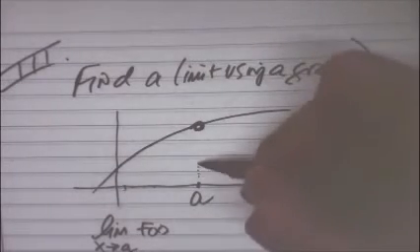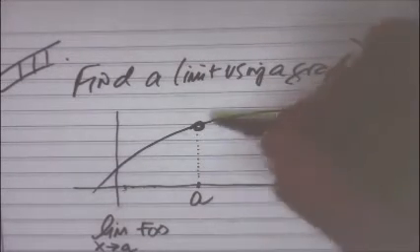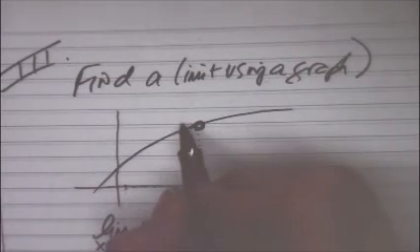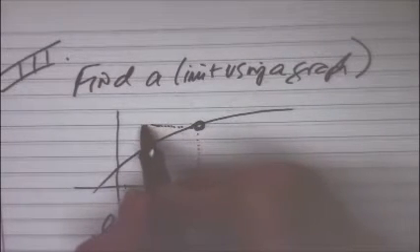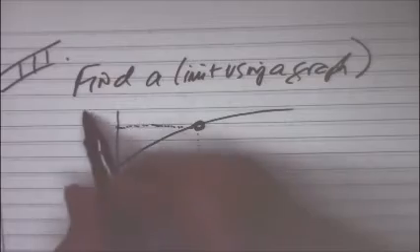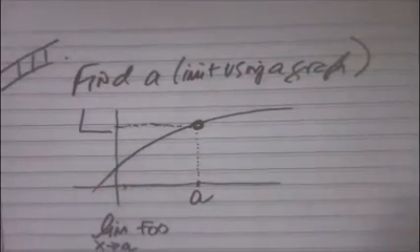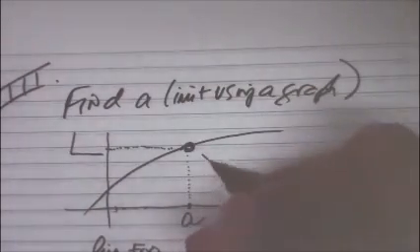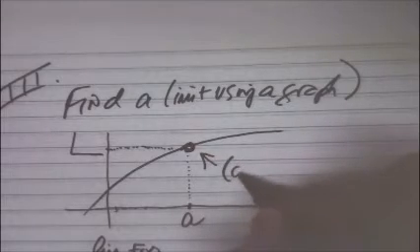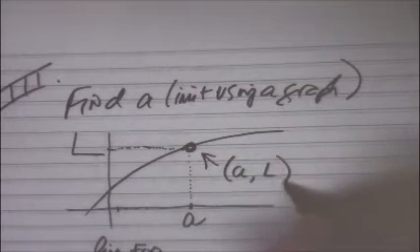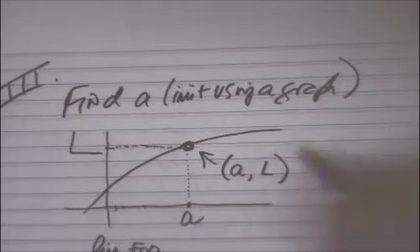But what happens is when you go up here to a, this is the x value. When you go over this way, that is L. So in a way, you can think of A and L as x and y.